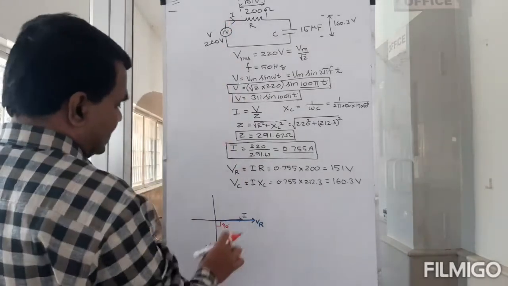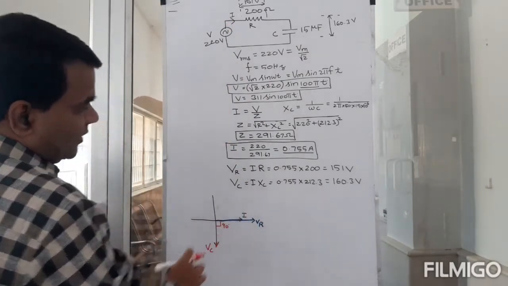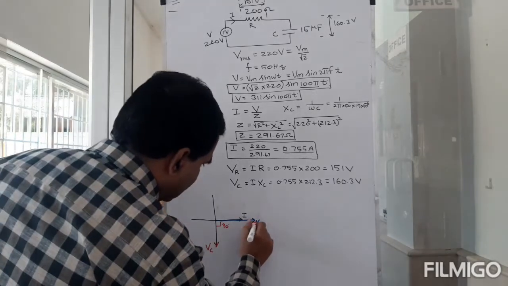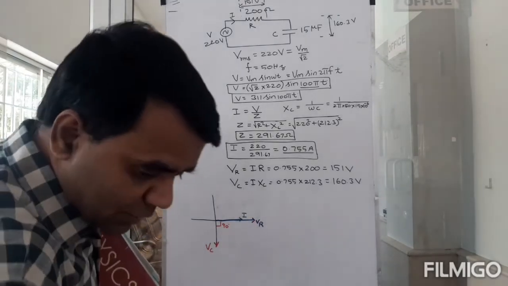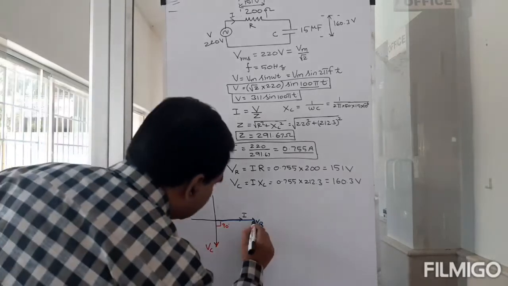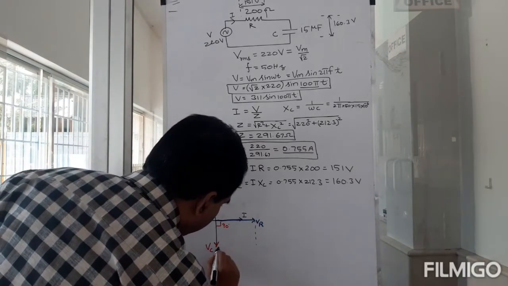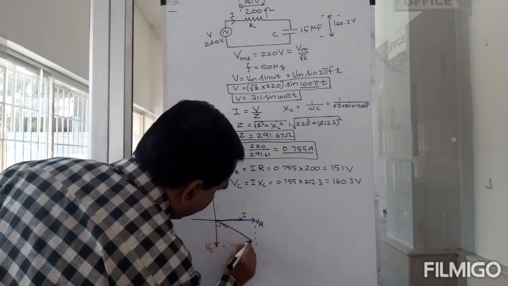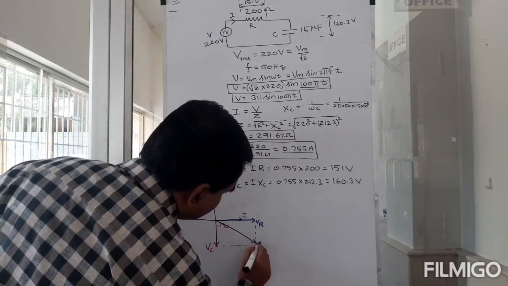And what is this? This must be the vector sum, the phasor sum I should say, of these two, right? So this must be my V.